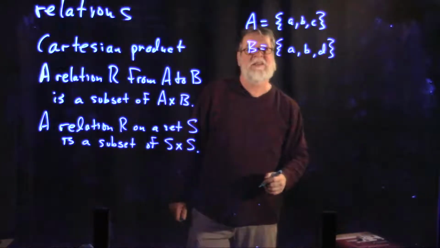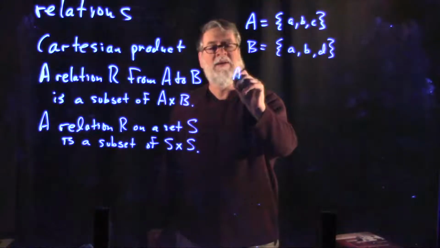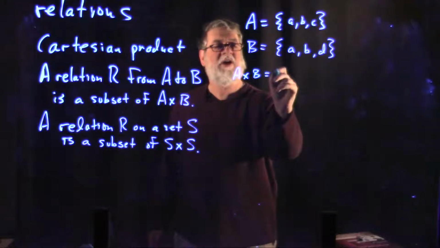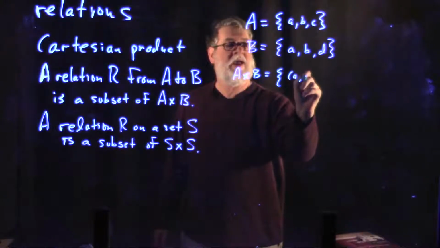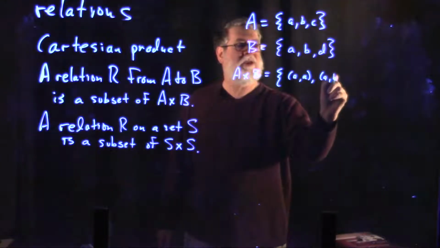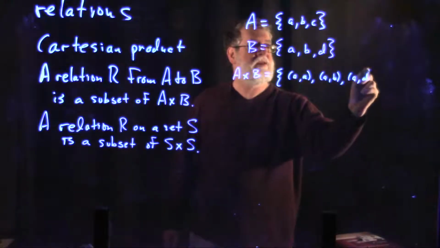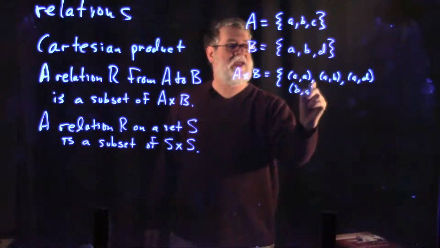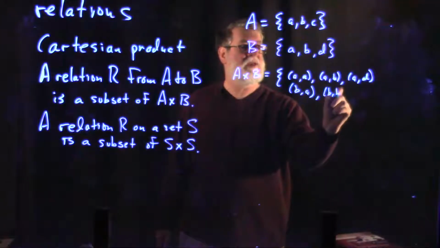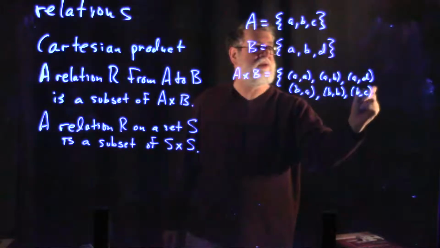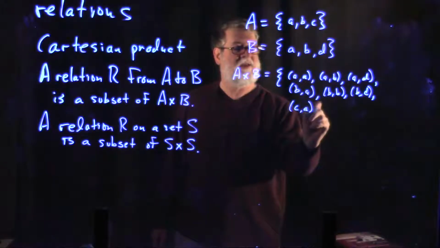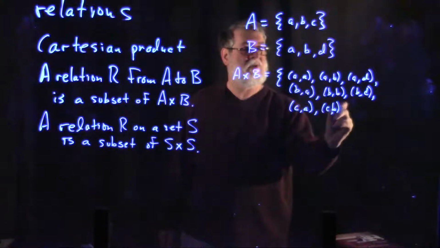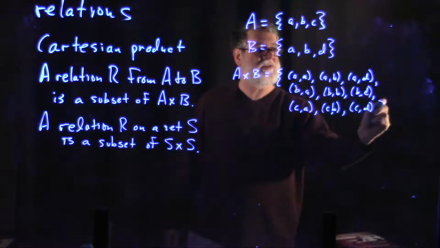In that case, A cross B is all the different combinations we have of A followed by B. So it's AA, AB, AD, and then BA, BB, BD, and then CA, CB, CD. It's that whole set of things.